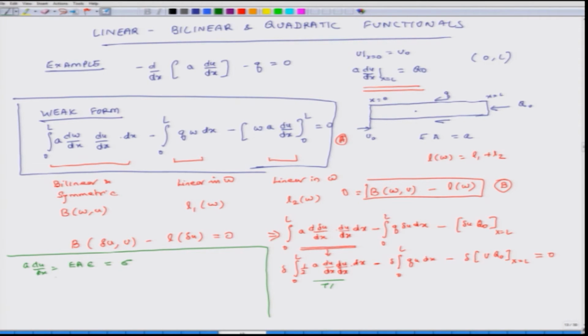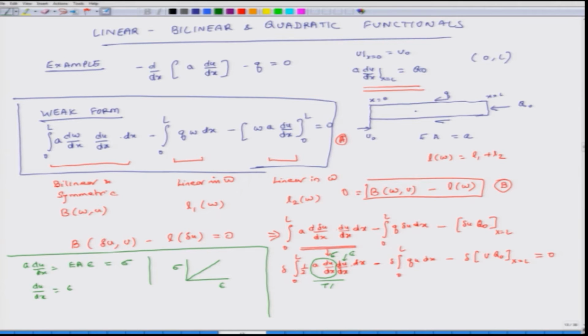and the other, du dx, is strain. So, this is my stress, this is my strain, and when I multiply stress by strain, this is a linear system, so the slope is EA.